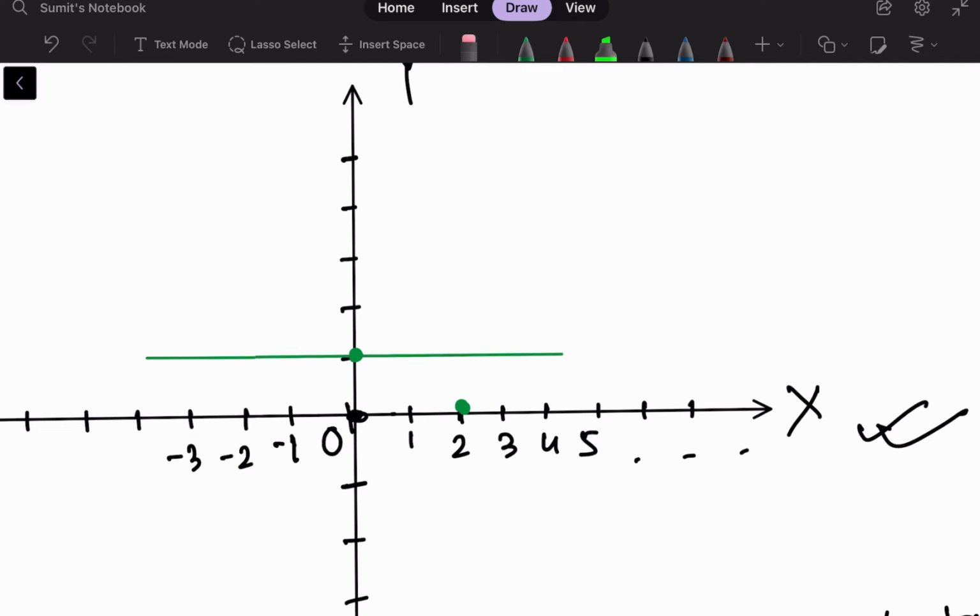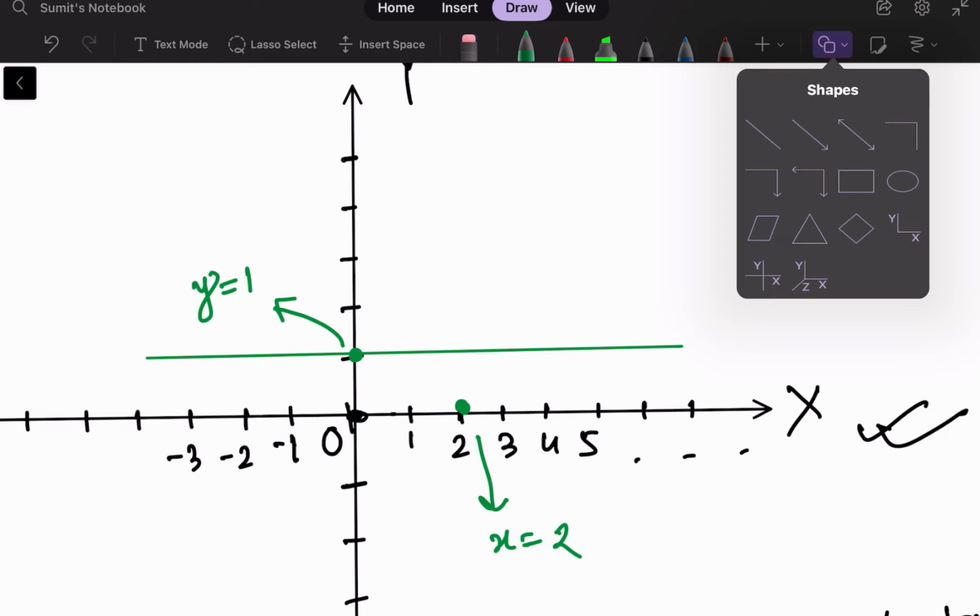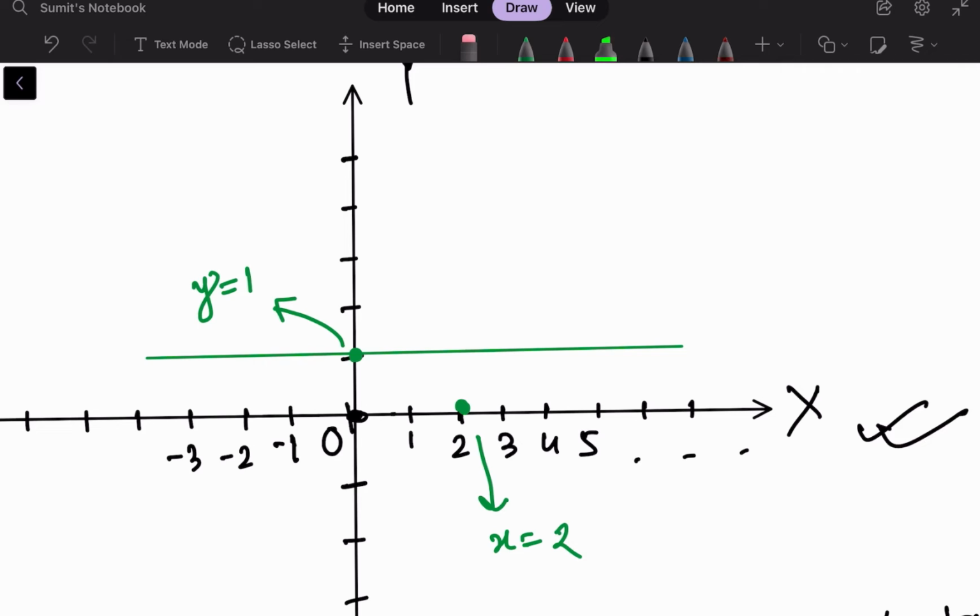You can draw a perpendicular line on the y-axis like this, passing through the point y equals 1. And you can draw a perpendicular line on the x-axis at x equals 2 also.